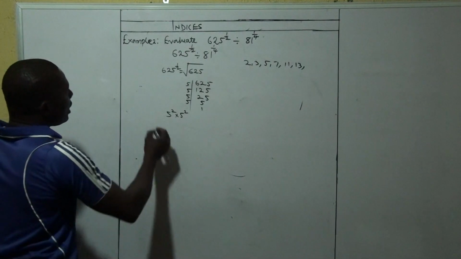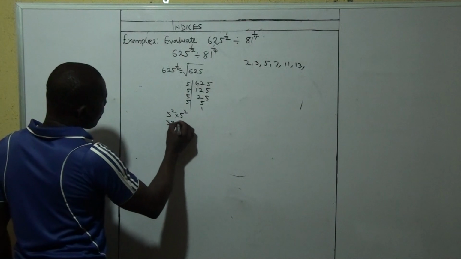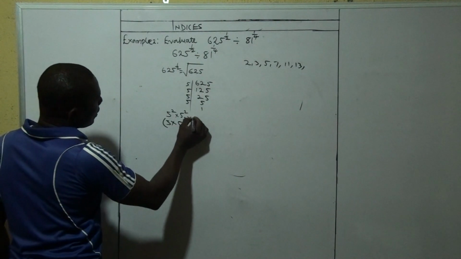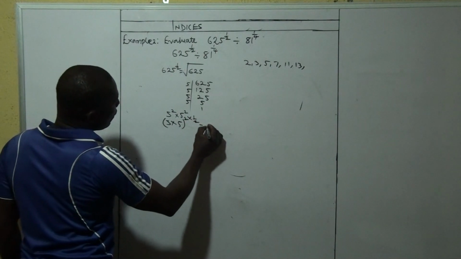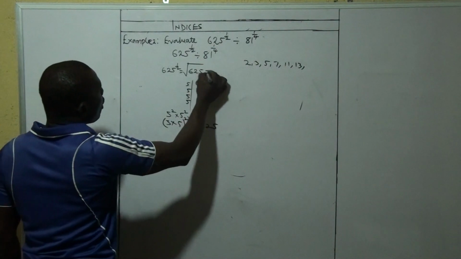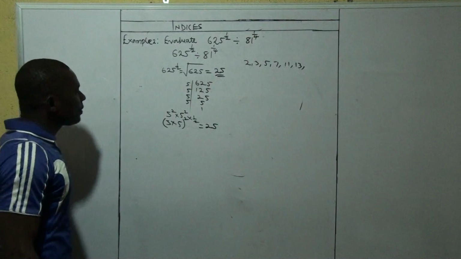So if we put all these together, this one means 5 times 5 all square. So this will give us 25. So the square root of 625 is what? Is 25.